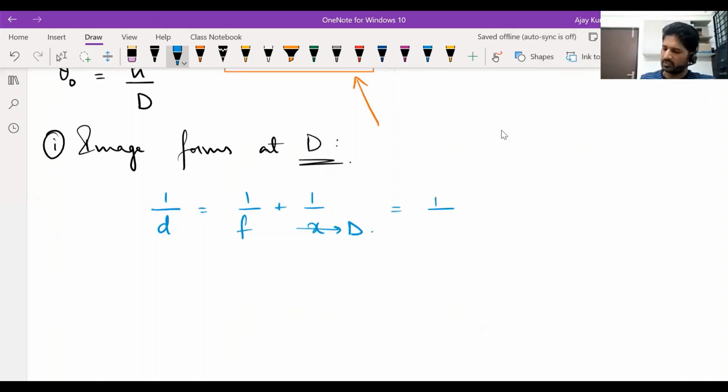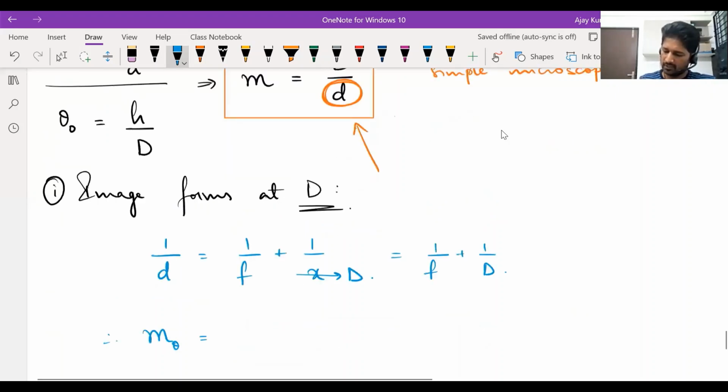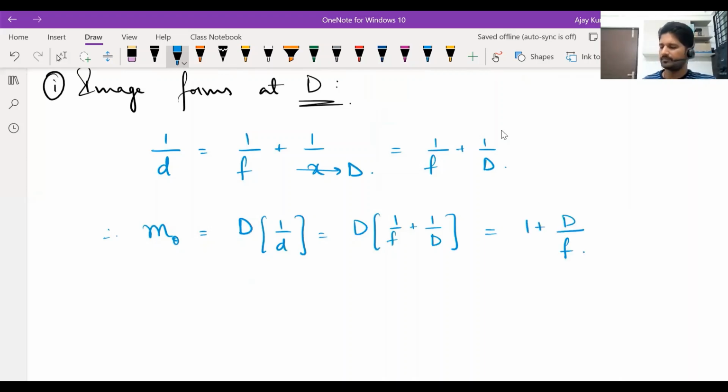So 1 by d becomes 1 by f plus 1 by capital D. Therefore, the angular magnification becomes, what's the formula for angular magnification? Capital D by small d. So capital D into 1 by small d you can write. That is capital D into 1 by f plus 1 by capital D. Send capital D inside. This becomes 1 plus D by f. So if image forms at near point distance, this is the angular magnification that you get. 1 plus D by f.